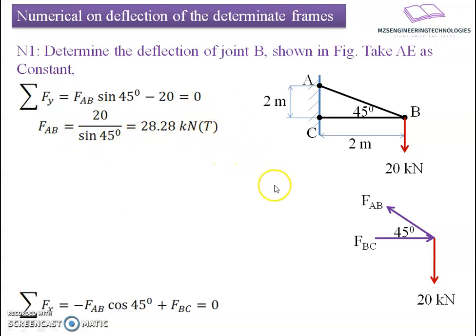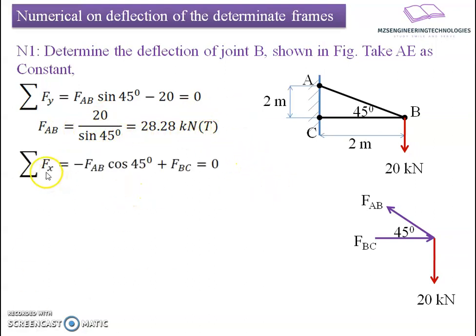Now the second equation, summation of forces in x direction equals 0, gives minus FAB cos 45, the cosine component of the AB force, plus FBC, which acts towards the right, equals 0. From this, FBC equals 20 kilonewton compressive in nature.